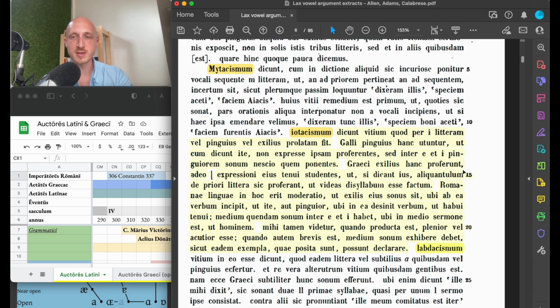"Graeci exilius hanc proferunt. Adeo expressioni eius tenui studentes ut si dicant ius aliquantulum de priori littera sic proferant, ut videas dissyllabum esse factum." So the Greeks, what they do is they turn a word like ius with an initial y sound into ius, which makes sense.